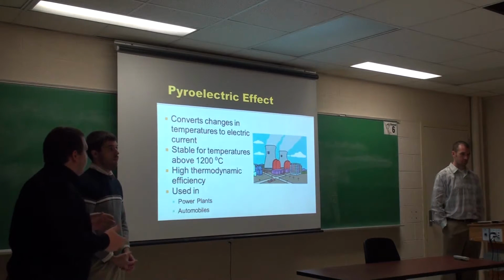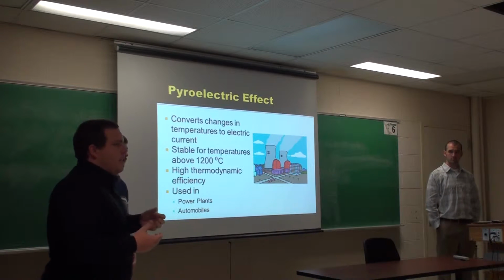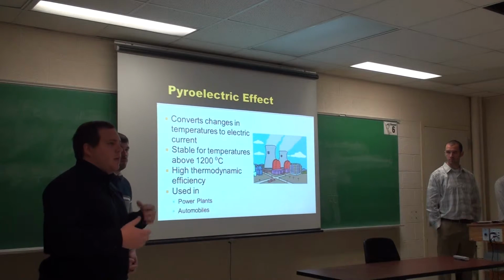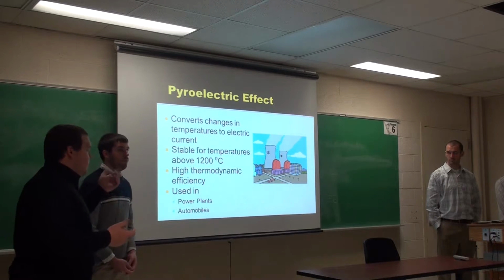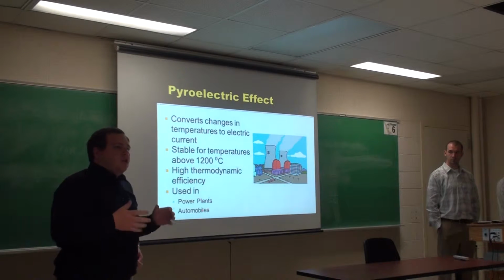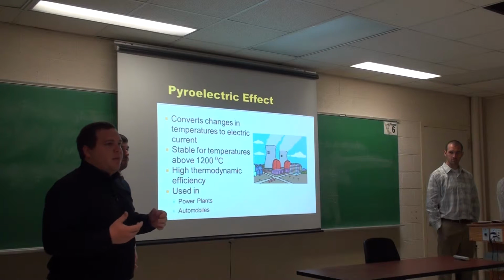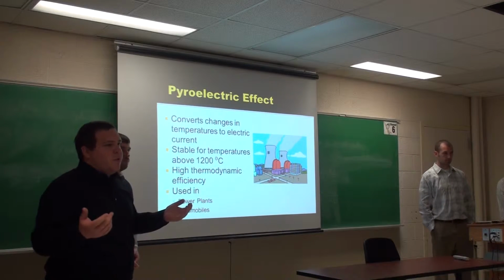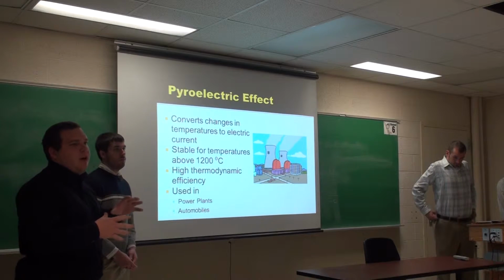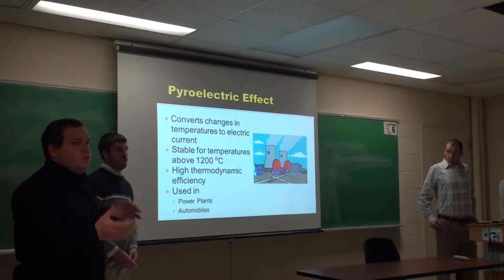The pyroelectric effect is very efficient. It's stable up to above 1200 degrees Celsius, so you can use it in a lot of applications, especially power plants. Power plants produce a lot of heat, and actually 2/3 of the heat a power plant produces is going to waste. So imagine how much power we could get if we could convert all that heat into usable energy.